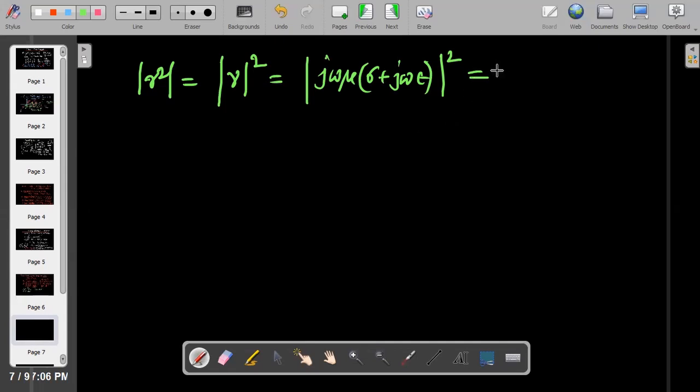It will come omega square into mu square, into again omega square epsilon square plus sigma square. Now you do, this thing will come.